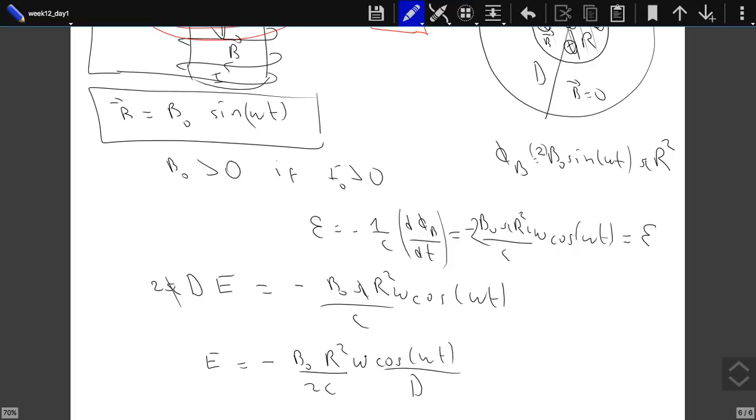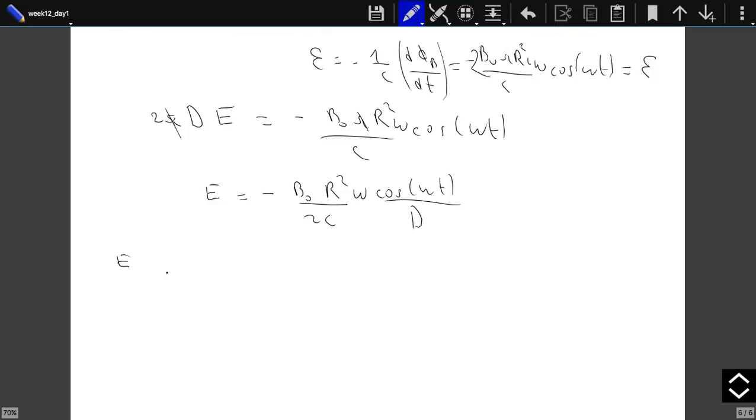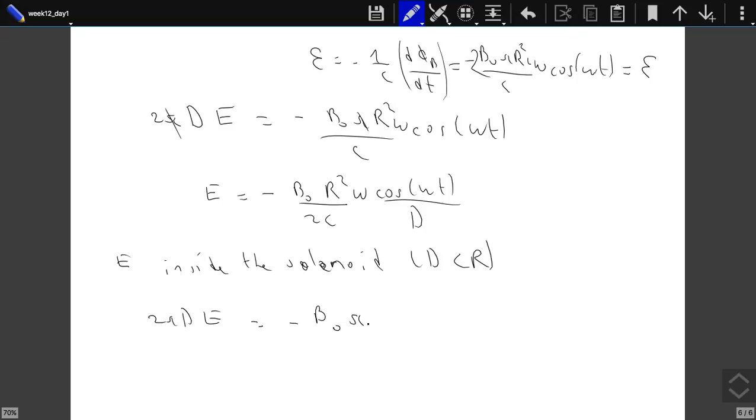Now let's look at inside the solenoid. That is, D is less than R. Now basically the derivation will be more or less equal. So 2 pi D times E, this should be equal to minus B0 pi omega over C cosine omega t.